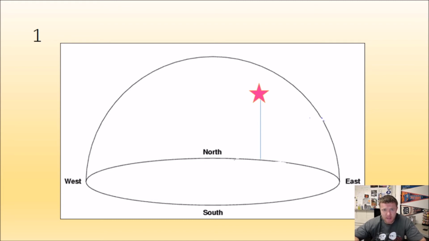It's hard to do without a scientific instrument, but we can still make a good estimate. That's the altitude. Azimuth, start at 0 is north, 90 is east. So there's 45, it's less than 45, maybe about 30 degrees. So altitude 60, azimuth about 30.